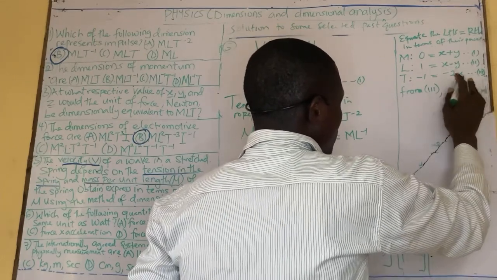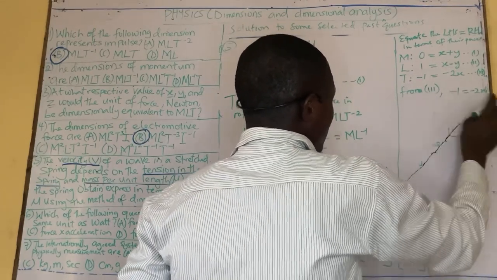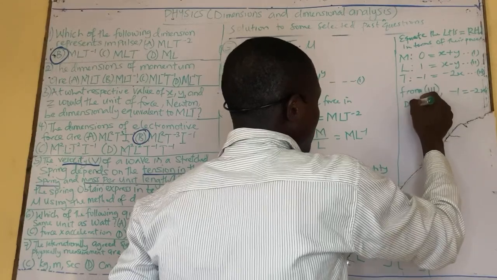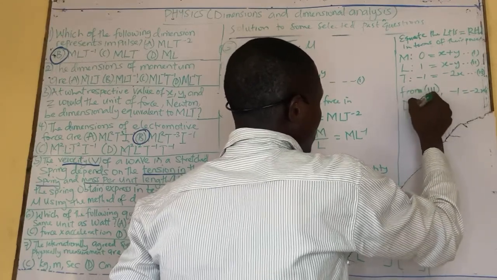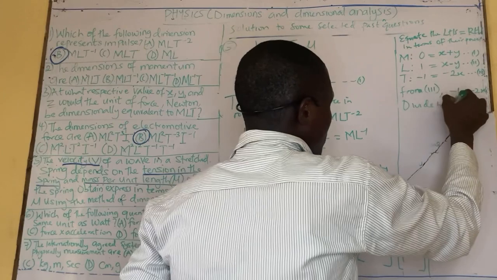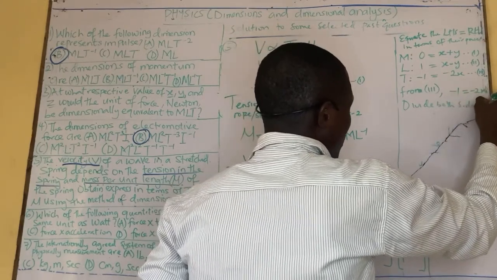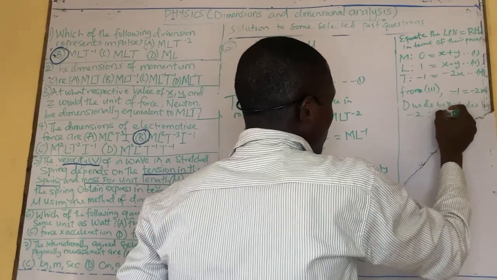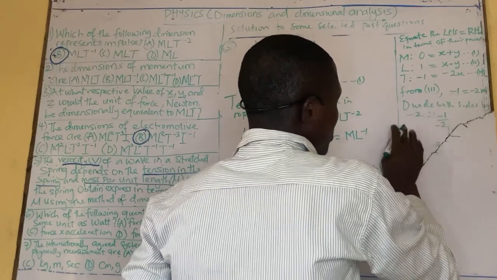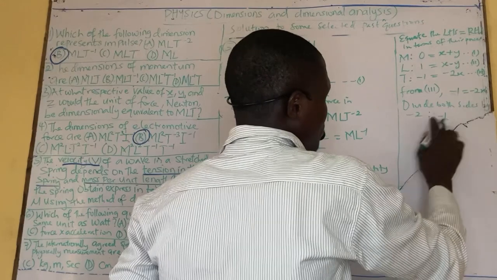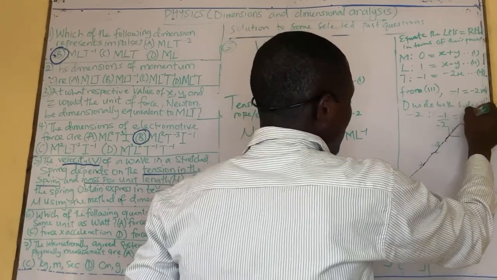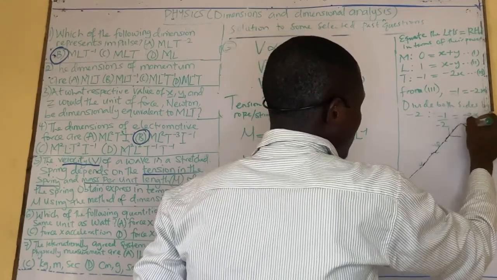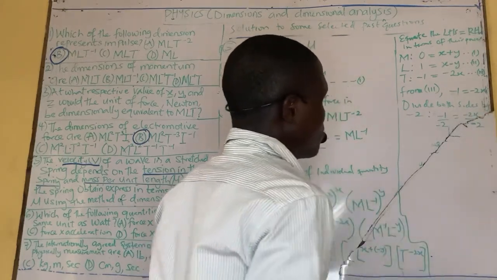So what you do here is you divide both sides by minus 2. So we have minus 1 over minus 2. Minus 2x divided by minus 2, please follow.